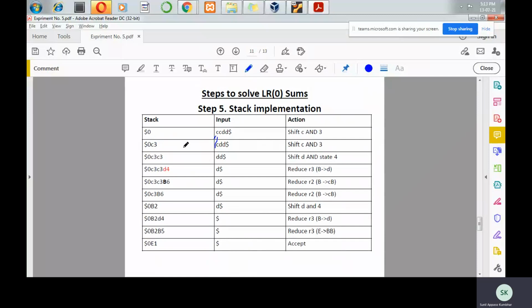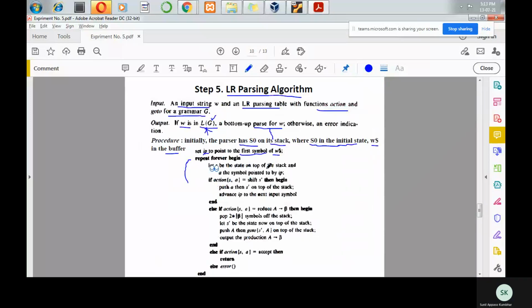Let S be the state on the top of the stack and A be the symbol pointed to by the input pointer. Now let us see the entry with state S and the current input symbol A. If the entry for the row and column is a shift entry, then we have to push A, and then S dash, on the top of the stack.